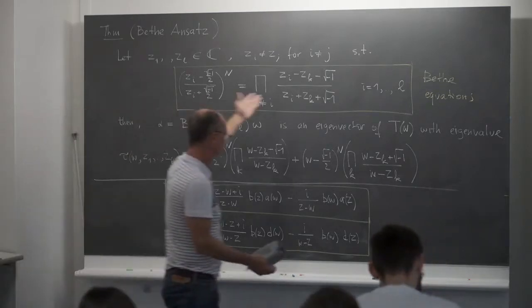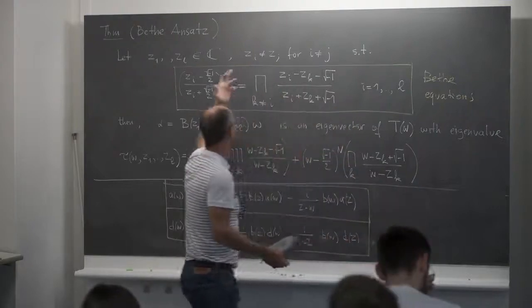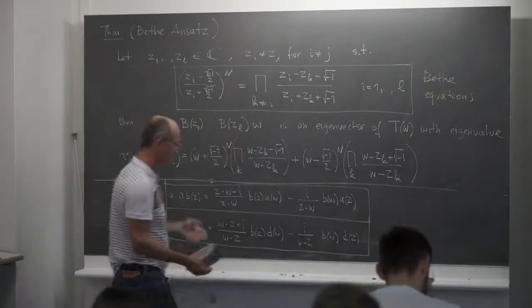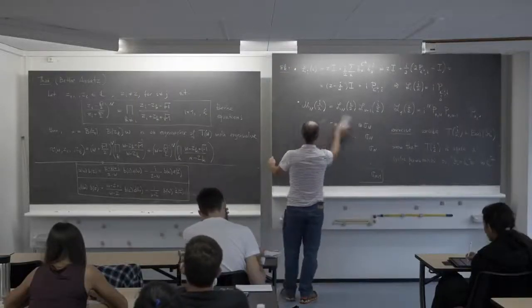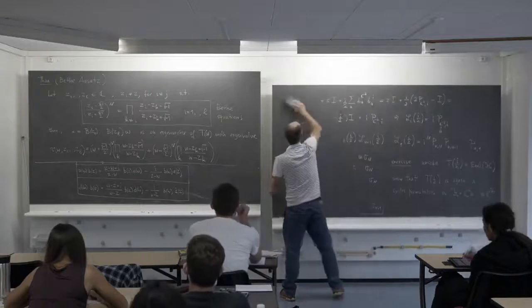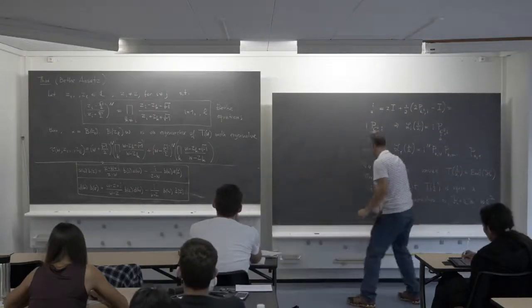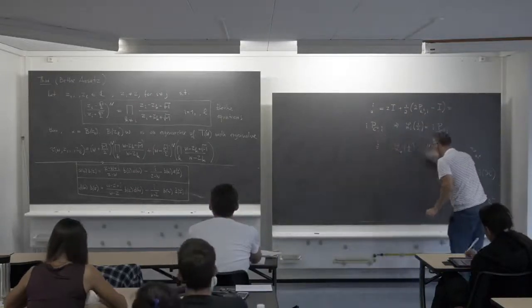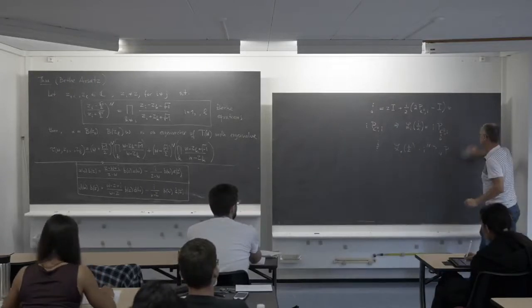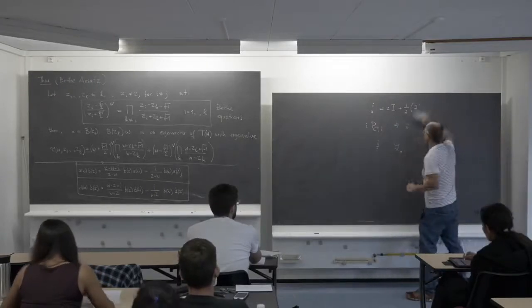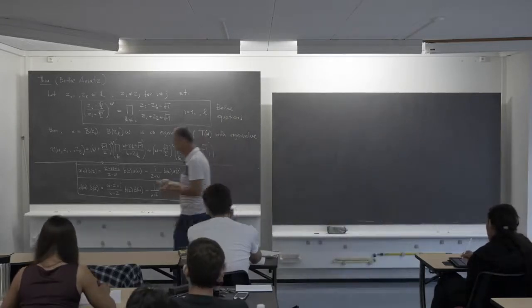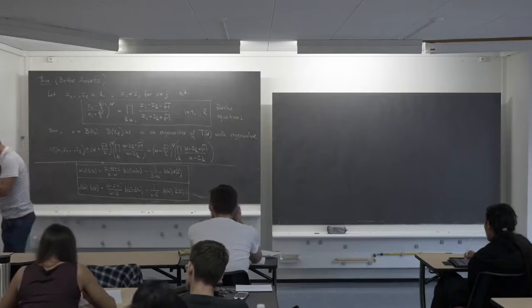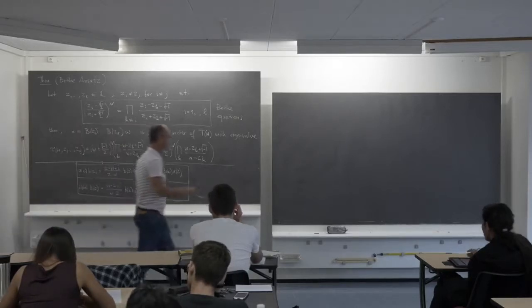So these are solutions of some complicated equation, and the eigenvalue is rather complicated. So I'll spend the last 15 minutes by showing you a small part of a proof.